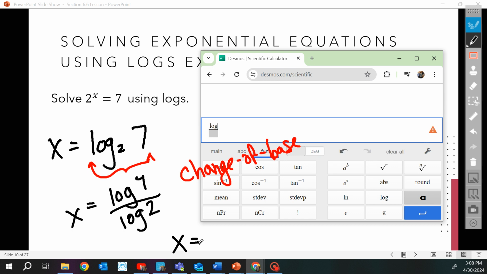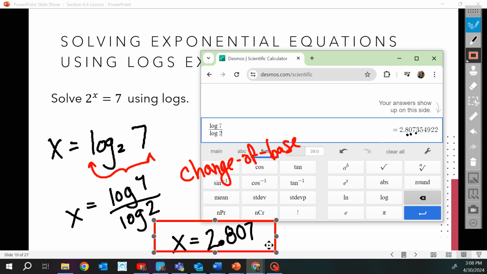Common log of 7 divided by common log of 2 tells me that my solution is about, remember to round to 3 decimal places, so 2.807. Okay, and that is the solution to my equation.